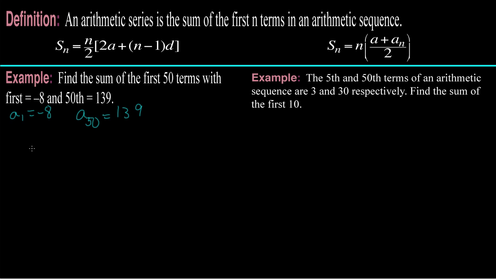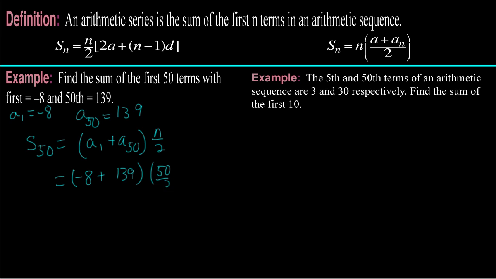The way we do this is we say, well, the sum of the first 50 terms is, using my formula, a1 plus a50 times, since I'm looking for 50 terms, n is 50, cut in half. -8 plus 139, 50 cut in half is 25. 25 times 131 winds up equaling 3,275. So the sum of the first 50 terms is 3,275 for this sequence.